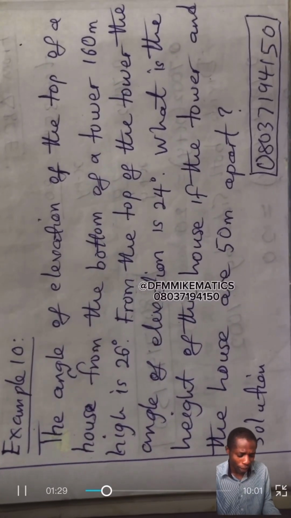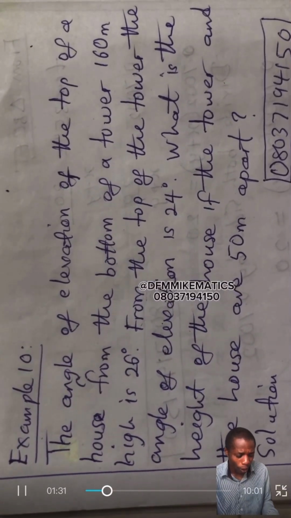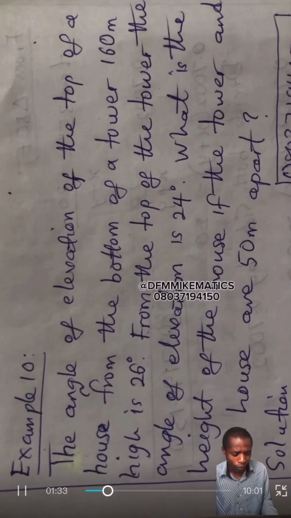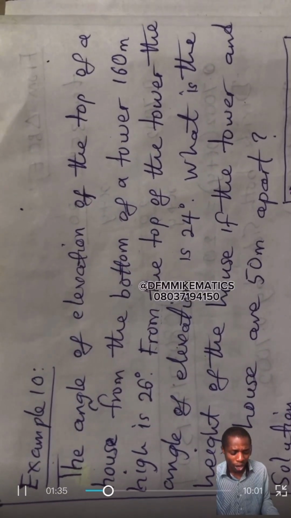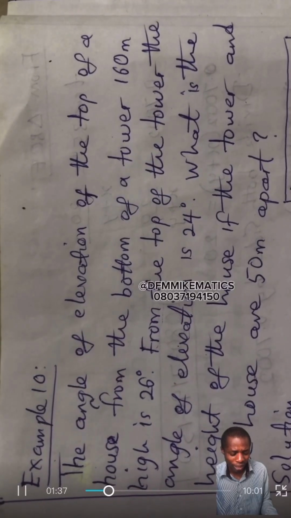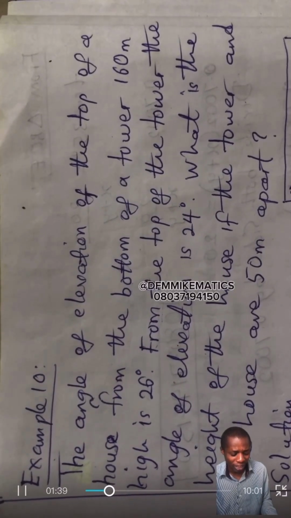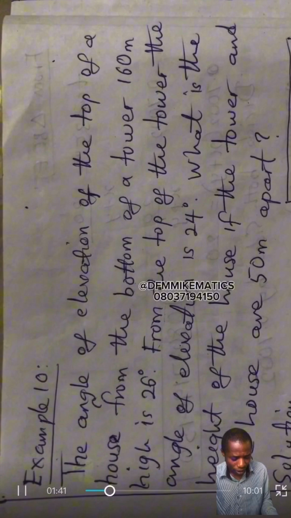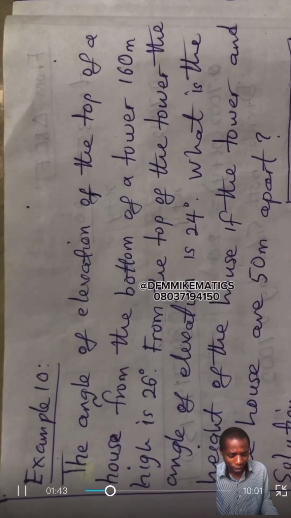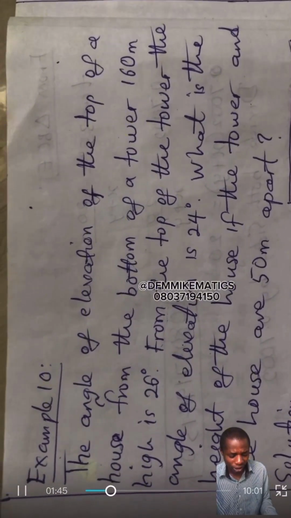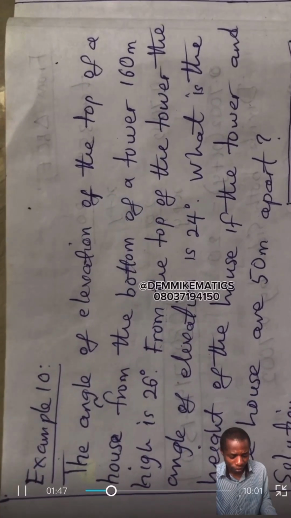The angle of elevation of the top of a house from the bottom of a tower 160 meters high is 26 degrees. From the top of the tower, the angle of elevation is 24 degrees.